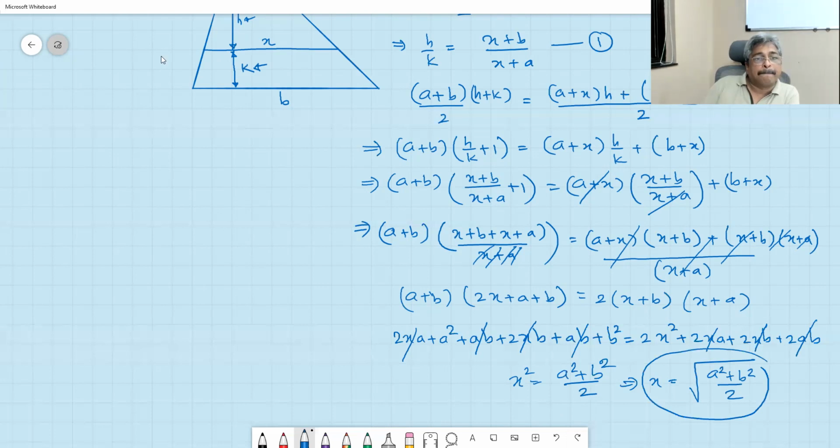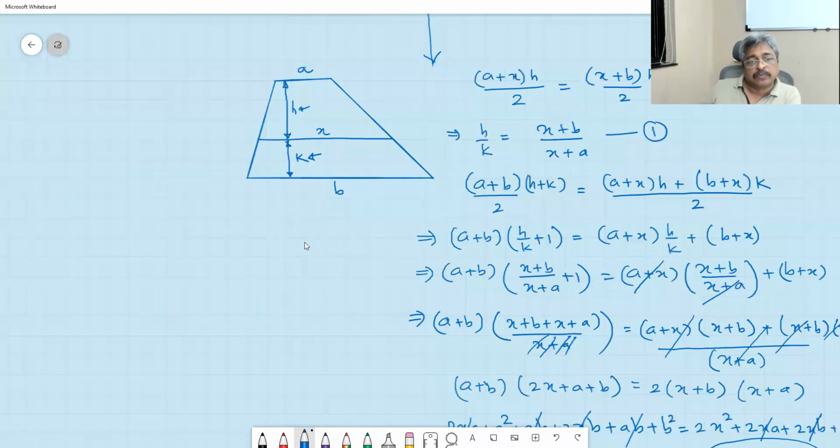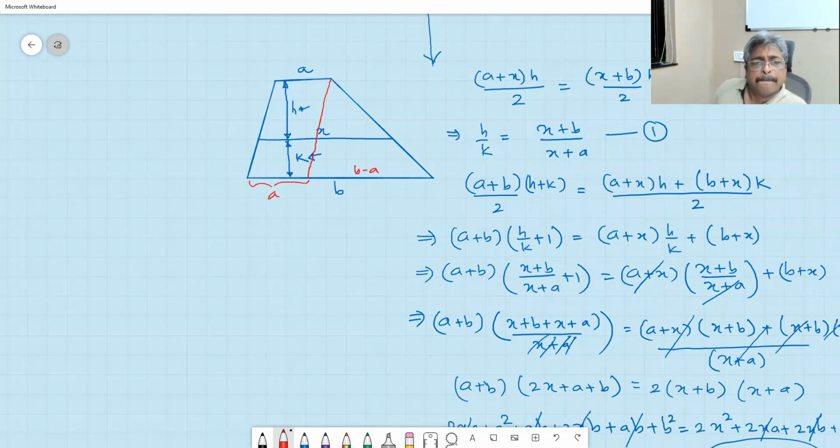So I have another method. Yes, sir. We copy A and B. Here, the first h upon k is the same, but now (h plus k) upon h will be equal to b upon (x minus a).